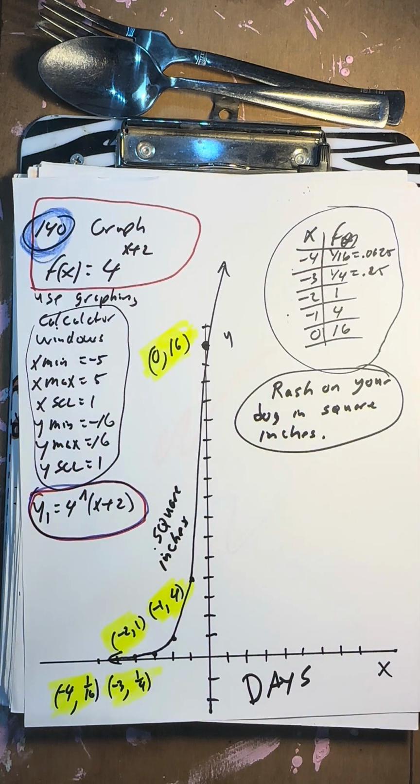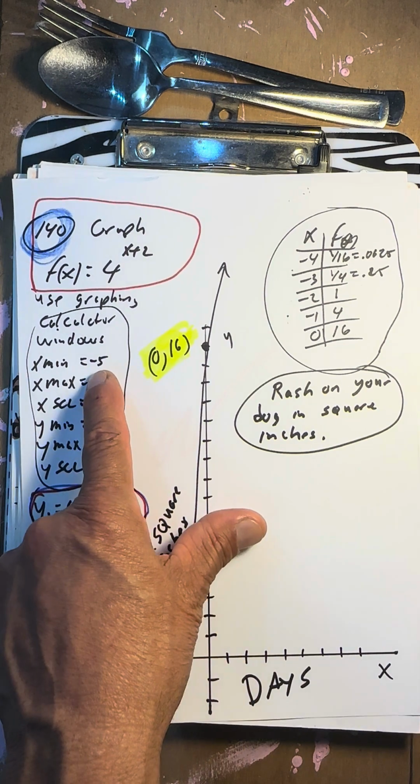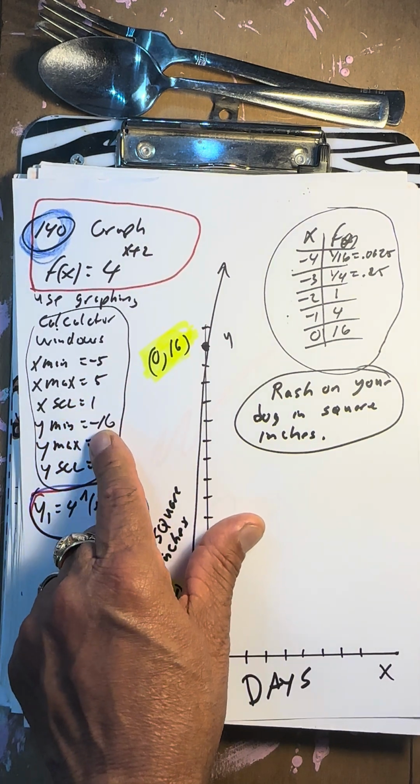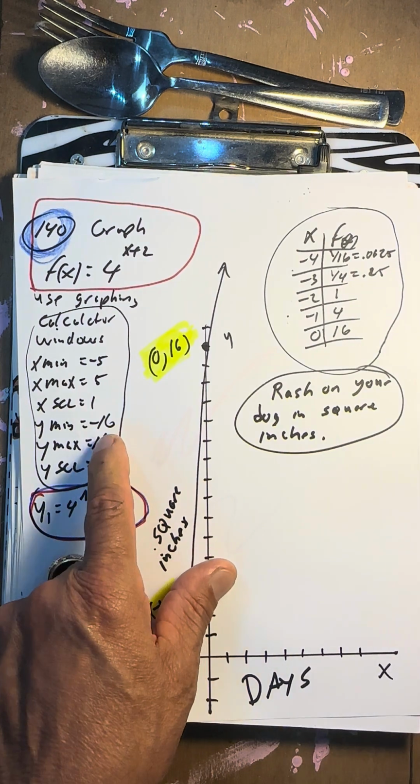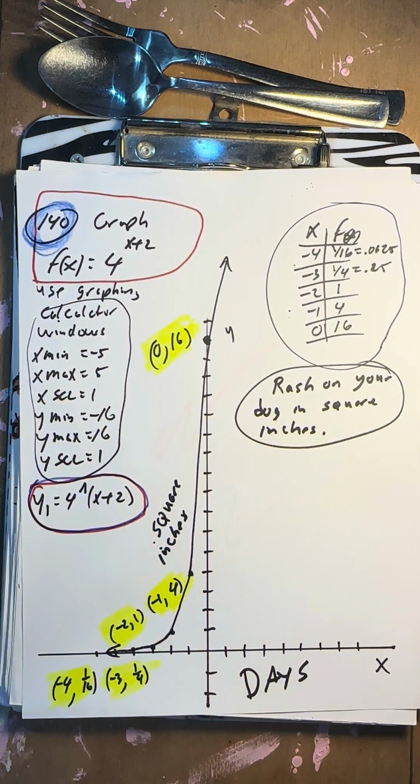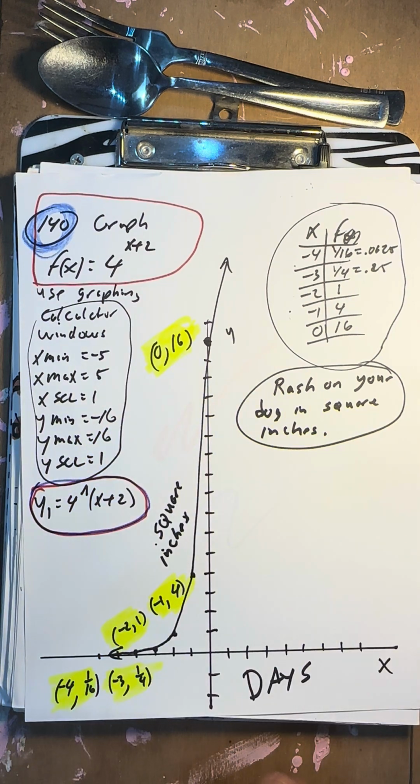Graph this. All right, so you're going to put this in the graphing calculator. So you set your window first, of course. See the window I put? -5, 5, 1, -16, 16. Okay, so you're probably going to have to set those numbers in there on your machine. Reset it to those numbers right there. If you set those numbers in there, it will work.